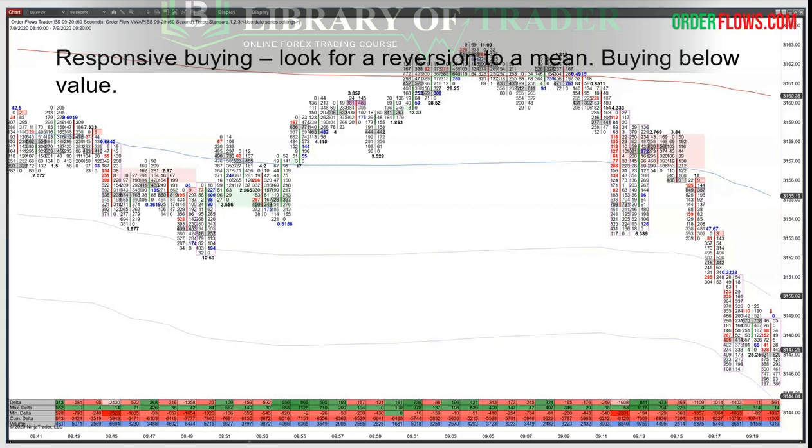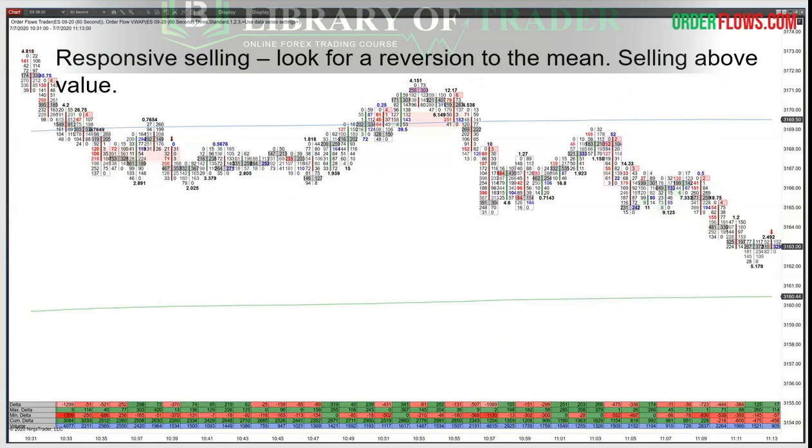If you use VWAP as a mean reversion trader, you're always looking for the market to revert back to the mean as you're buying below value. And if you're a responsive seller, your market is above value, above the mean, and you're going to be looking for the market to move back to the mean.